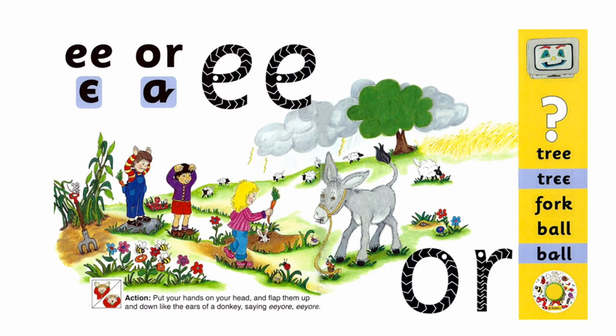So when his ears are up, it says E, and when his ears are down, it says OR. So we are imitating the donkey. We're pretending to make the donkey sound E-OR, E-OR. And for today, we're looking at the OR sound.